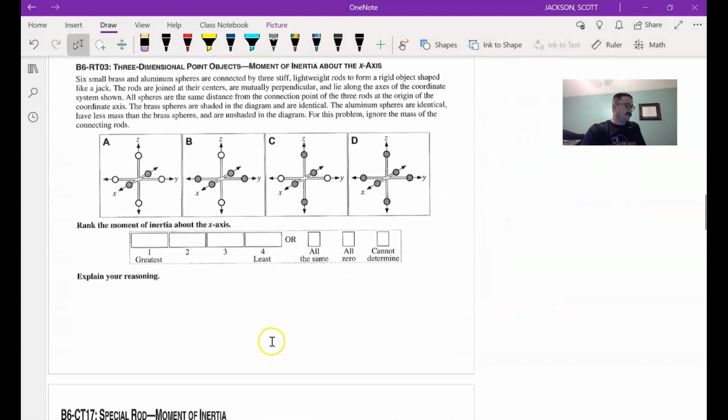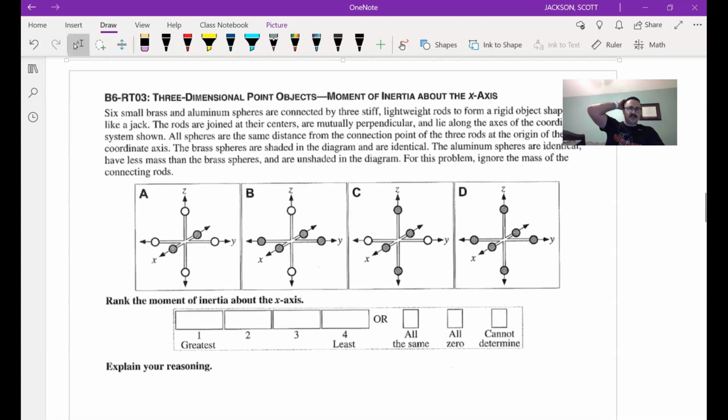Here are our last few examples that we want to walk through before you have to do some on your own with these problems. In this example, it talks about these jacks-type figures, and it says they're all the same distance, and then it tells me that the brass are shaded and the aluminum are less than the brass, and they're unshaded. So brass is a solid, has more mass.